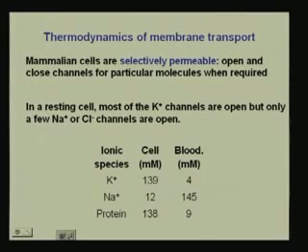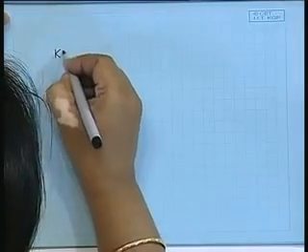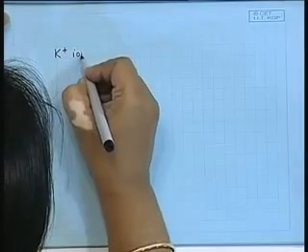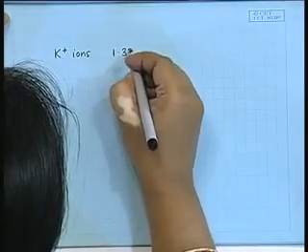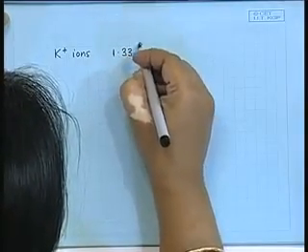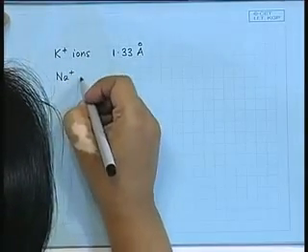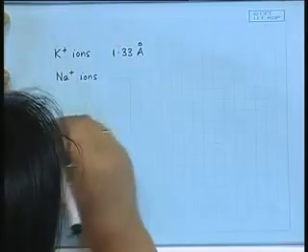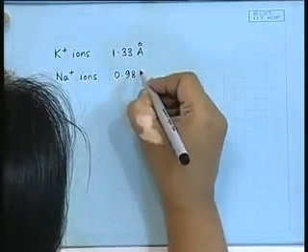Now, if we look at some interesting features of the sodium and potassium ions, if we look at the radius, we have K plus ions that have a radius of 1.33 angstroms. We have Na plus ions that have a radius of 0.98 angstroms.